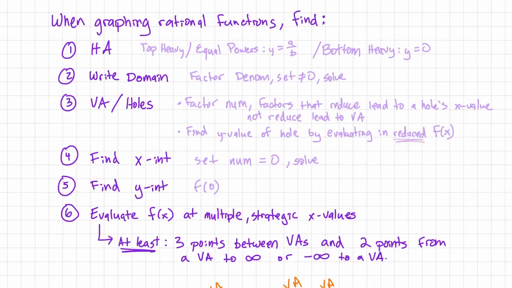Then to find our x-intercept, you simply set the numerator equal to 0 and solve. To find the y-intercept, you evaluate the function at 0, so plug 0 into all the x's, and that is your y-intercept. Make sure to write x- and y-intercepts as ordered pairs.